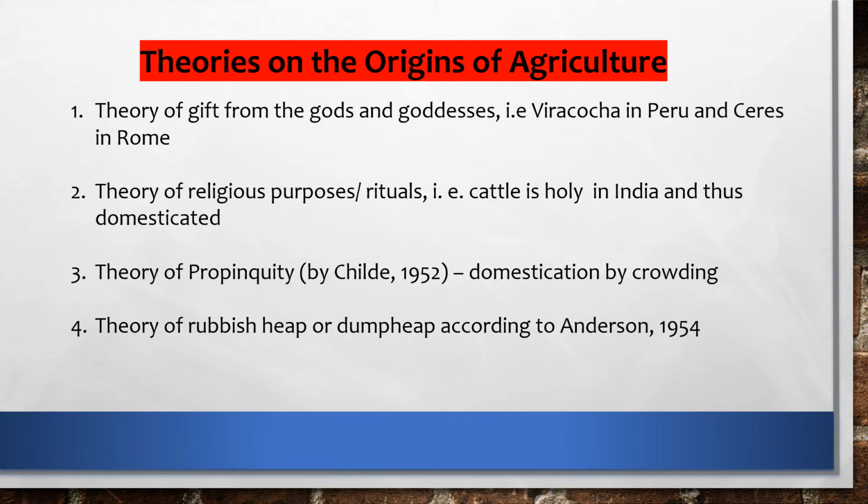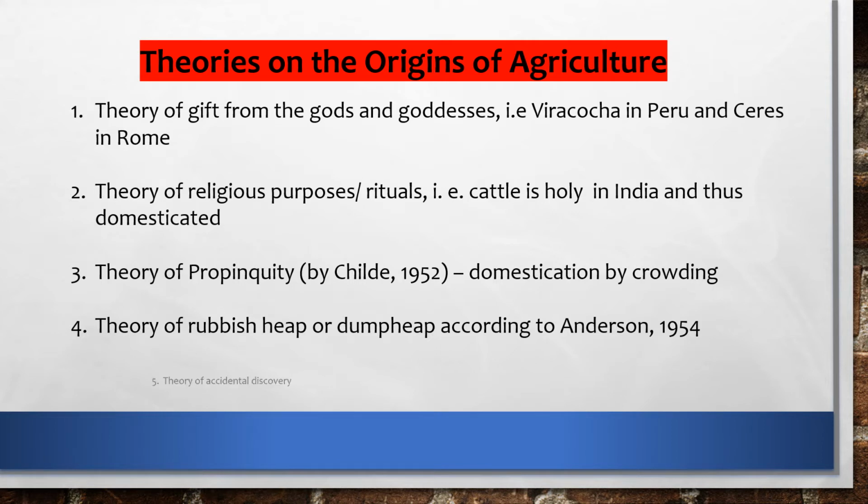There was then intimate contact of man, plants, and animals at the riverbank. There was overcrowding, so there was a need to find ways for survival. So what did man do? Man started to select the plants and animals he wanted for food, the good-quality plants and foods.